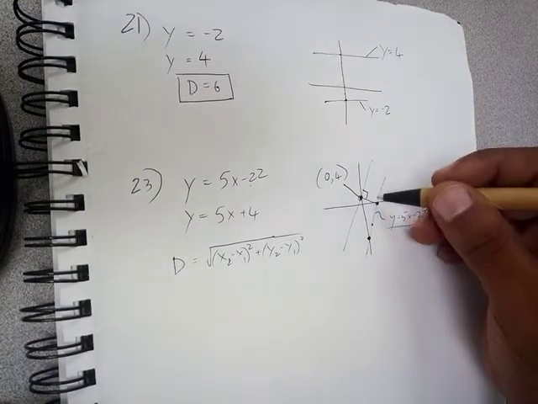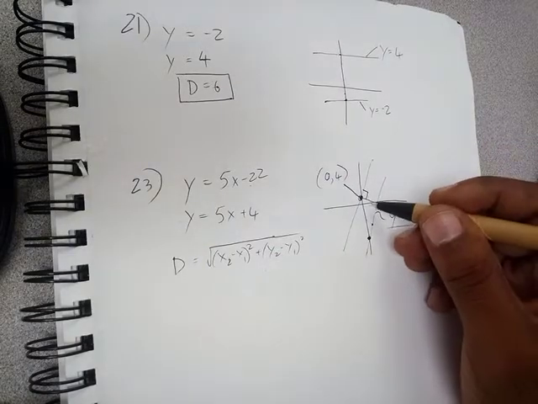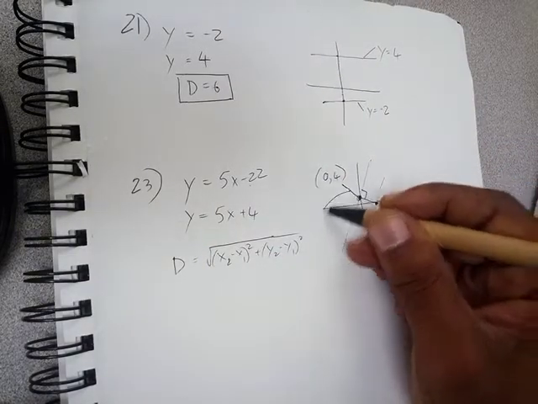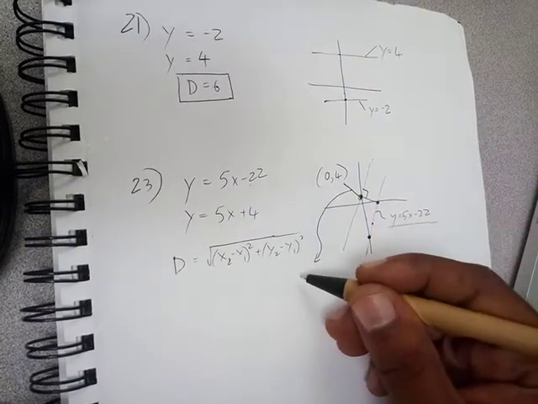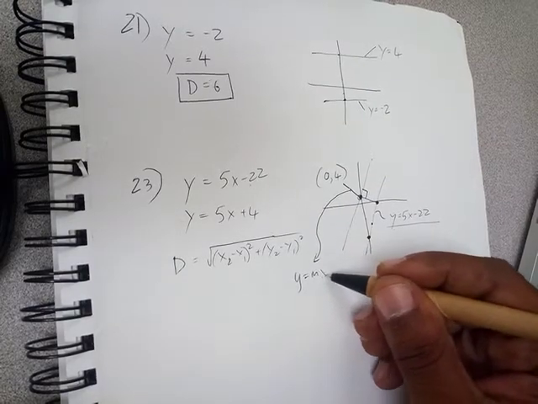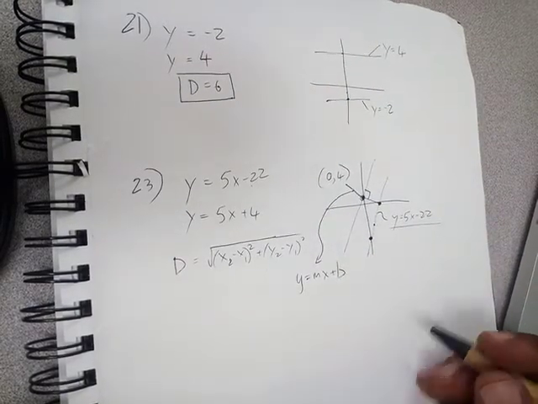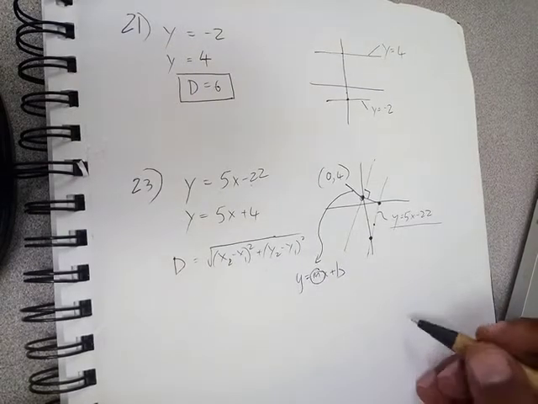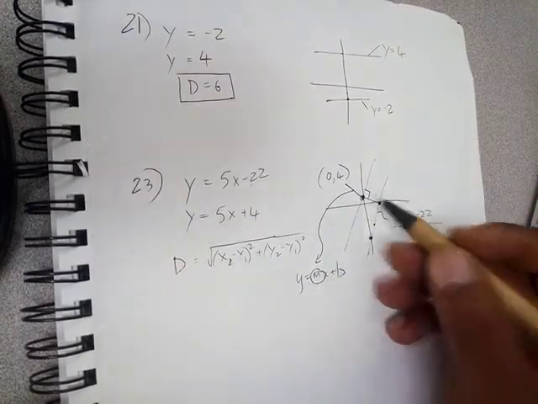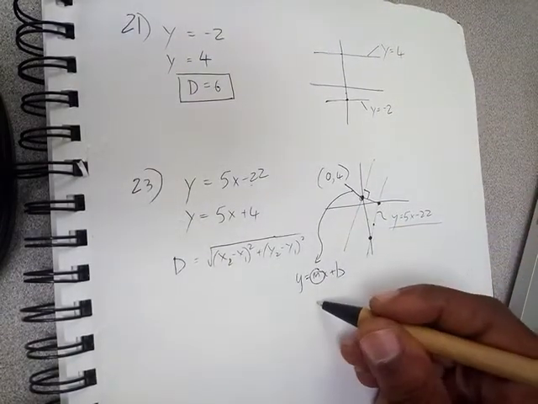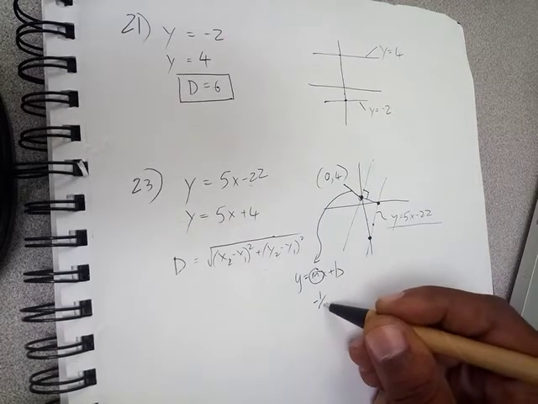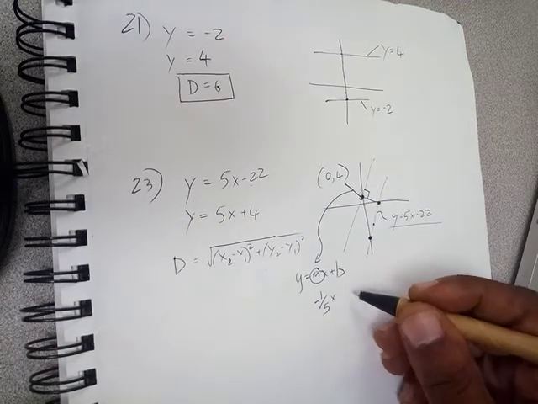How do we define this line? How do we define the perpendicular line? What's the y equals mx plus b for the perpendicular line? The slope we know because of the relationship between perpendicular lines: negative reciprocal. It has to be -1/5.